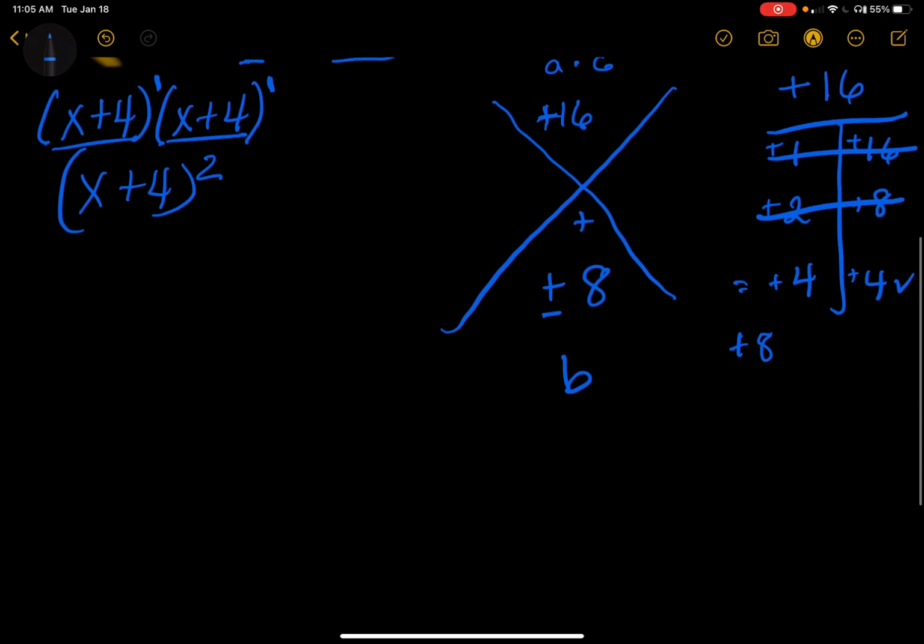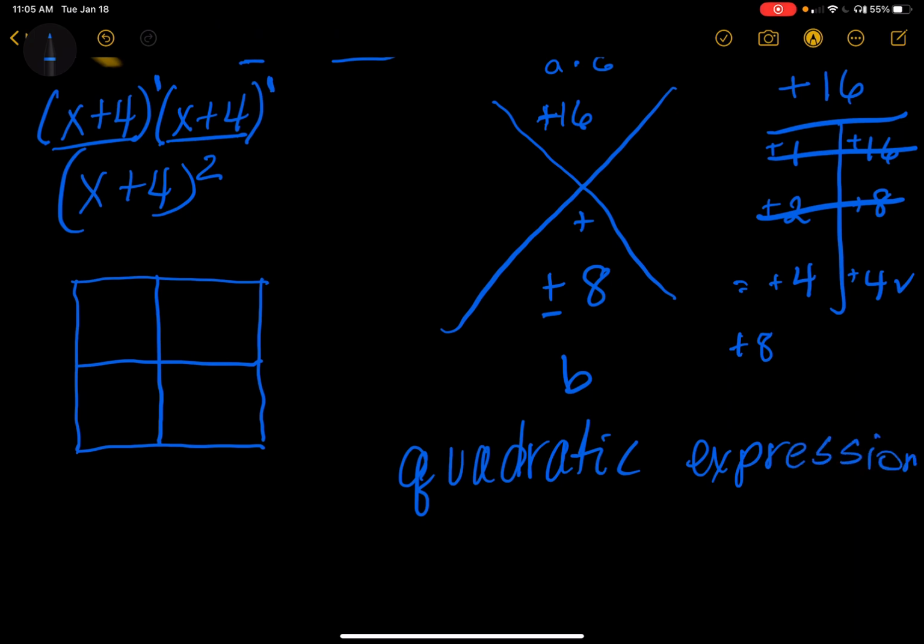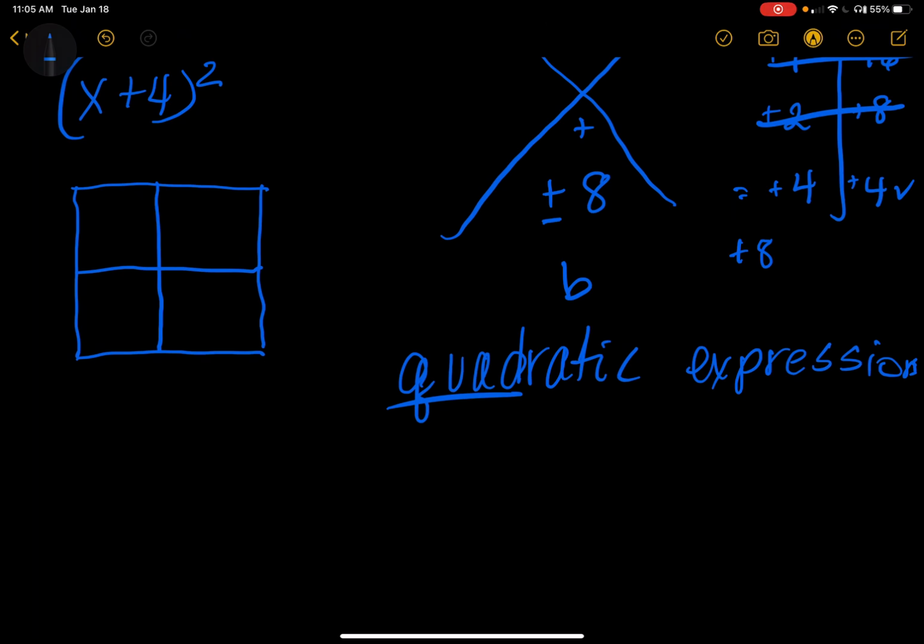Now we can double check this by putting it in what we call an area model, or using the box method. So quadratic, we've been working with quadratic expressions. And we know that quad, even though when we say quad it makes us think of 4, quad really means square.